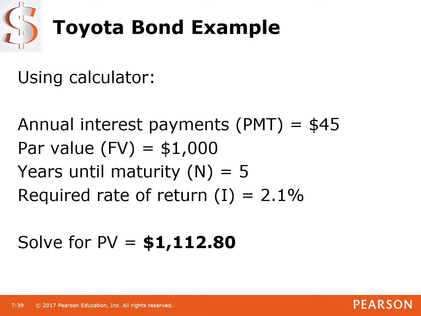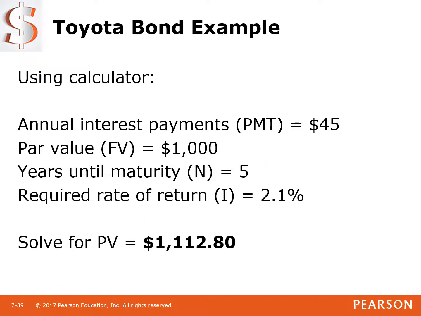PV is 0 for now. My payments are 0 because in this part of the calculation there's only one amount, and it's a future amount of $1,000. So I'm going to put $1,000 in future value and then arrow back up to PV and solve. And I get $901.